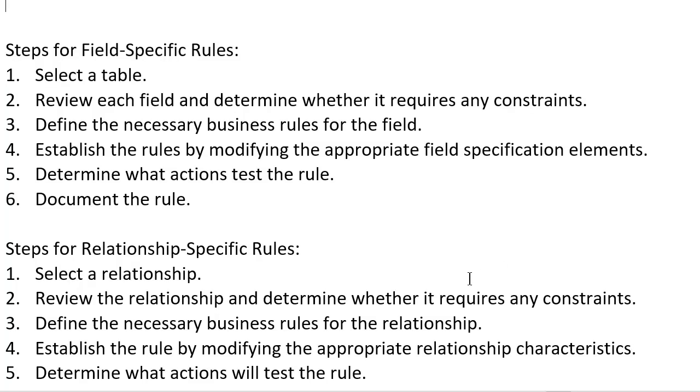So remember, we had 2 categories of business rules: field-specific rules and relationship-specific rules. And so if we're going to establish a field-specific rule, we need to think about, okay, where does that data reside? So we're going to figure out which table that is, review each field and determine whether it requires any constraints, then define the necessary business rules for that field.